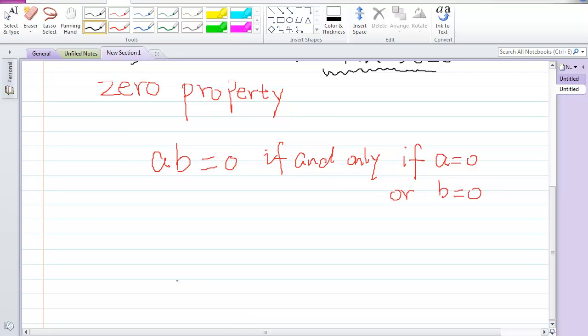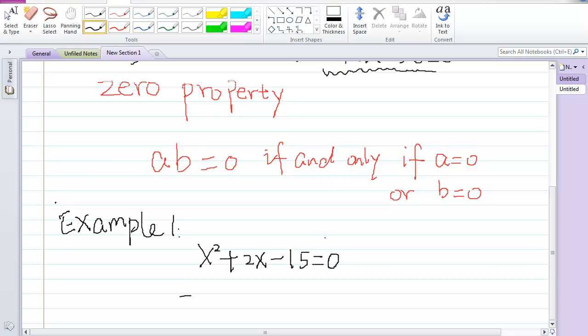Now we're going to do an example. Example 1. We have x squared plus 2x minus 15 equals 0. In this case, our a is 1, our b is 2, and our c is negative 15.